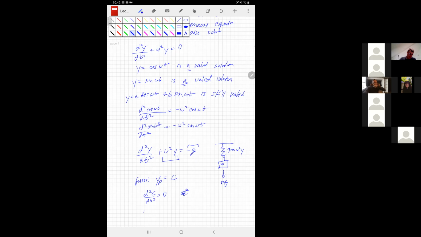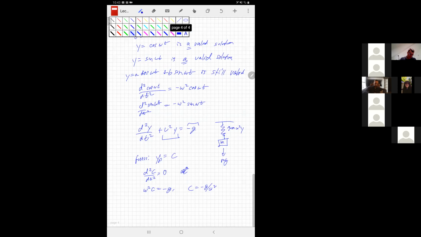And so I'm left with omega squared c equals minus g, or c equals minus g over omega squared. So d squared c by dt squared plus omega squared c equals minus g if c equals minus g over omega squared. So my particular solution is minus g over omega squared.